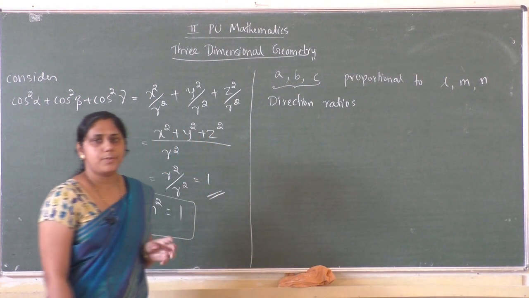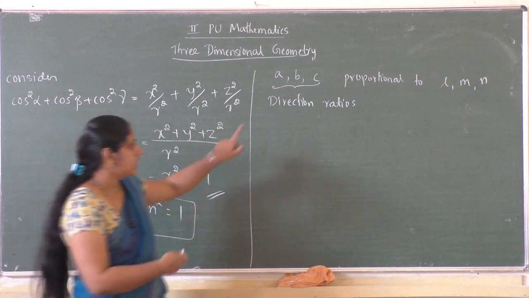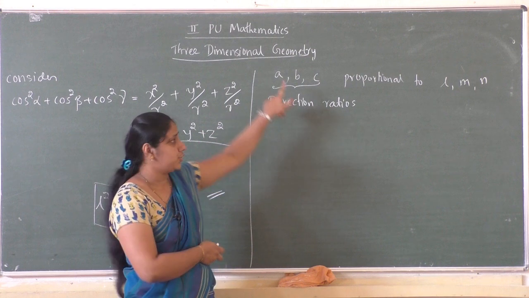The three numbers proportional to the direction cosines are called direction ratios.